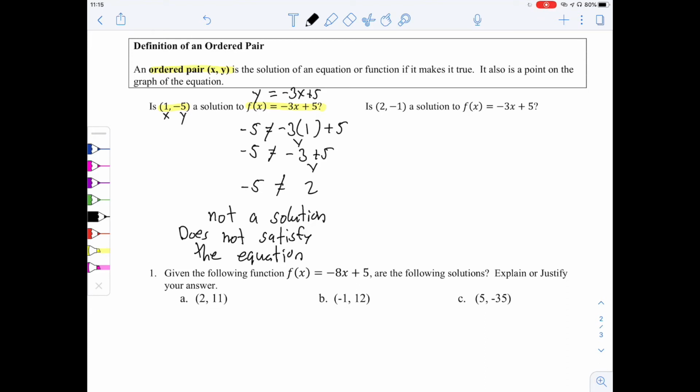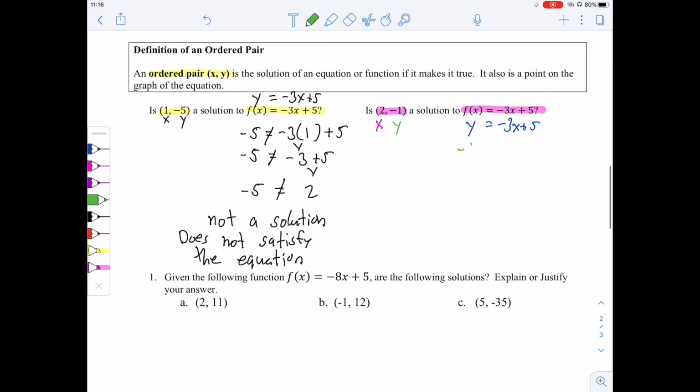Part 2. Next one, (2, -1). Does that match this equation? Right, so again, this is your y, -3x plus 5. So x is 2, y is -1. Let's do different colors. So y, so -1 equals -3 parentheses, plus 5.